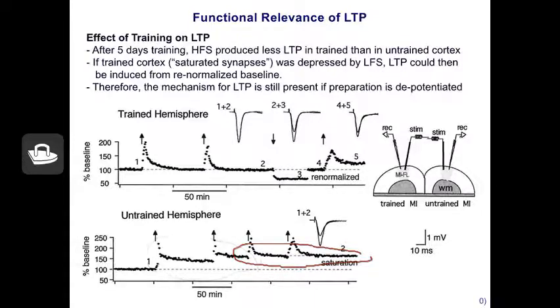Now, let's look at the upper graph for the trained cortex again and follow through with some of the manipulations that I didn't finish on that graph. So the first 2 times they stimulated and they got no potentiation. So the third time they didn't provide tetanic stimulation. Rather, they applied weak, low-frequency stimulation.